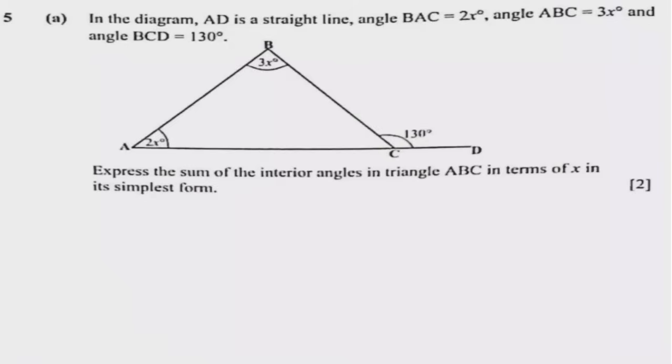Express the sum of interior angles in triangle ABC in terms of x in its simplest form. Okay, so what we need to do first is, the triangle has got 3 sides and it has got 3 interior angles. We are given 2 interior angles, so we need to find the third interior angle.